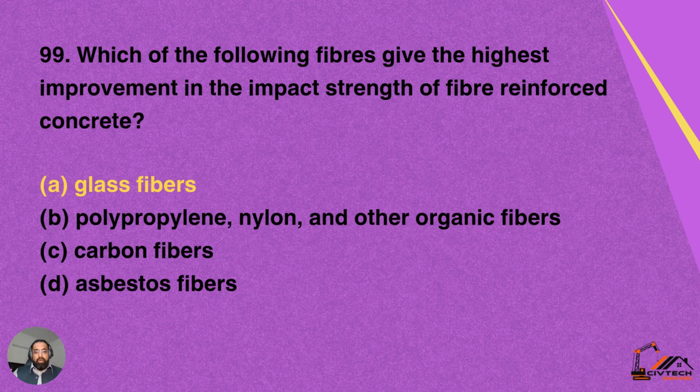Then we have question number 99. Which of the following fibers gives the highest improvement in the impact strength of fiber reinforced concrete? Option A, glass fibers. Option B, polypropylene, nylon, and other organic fibers.